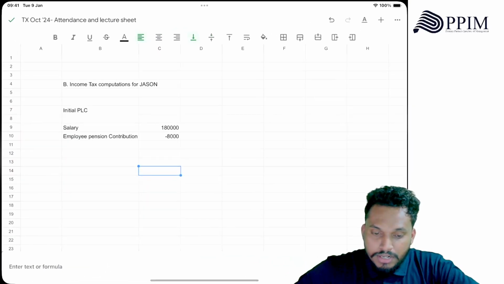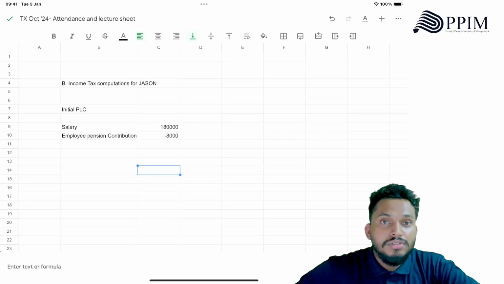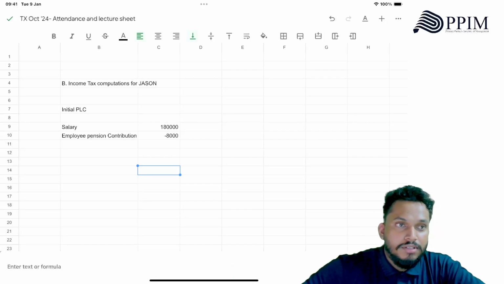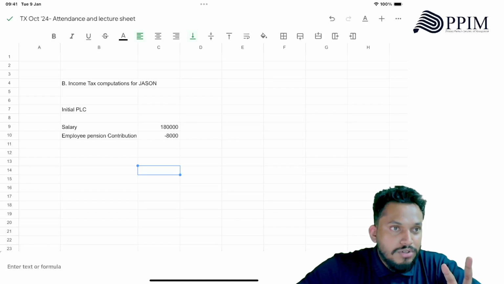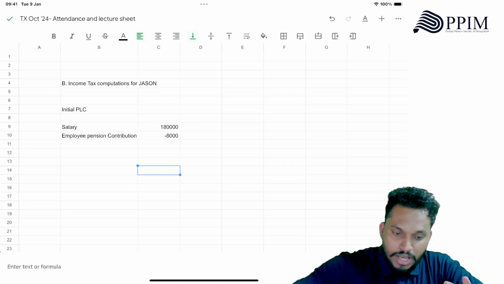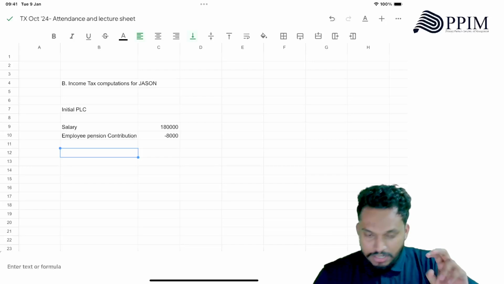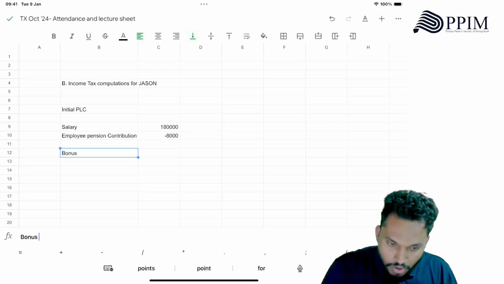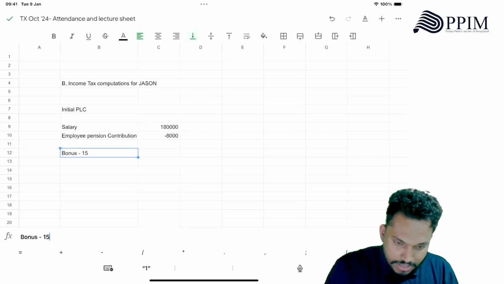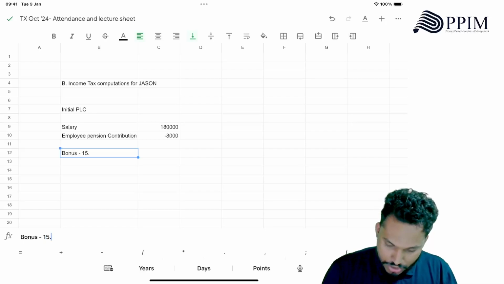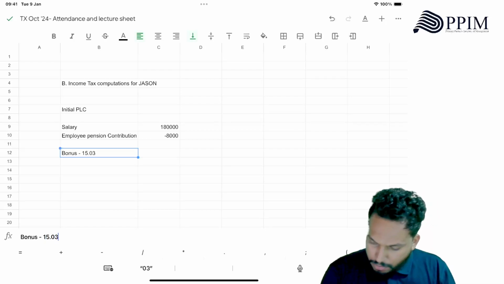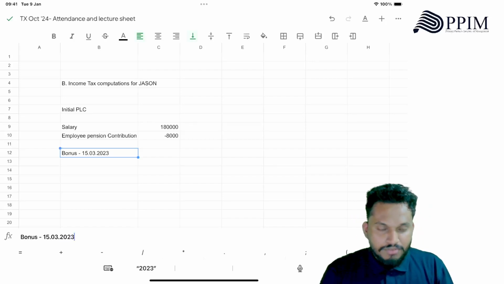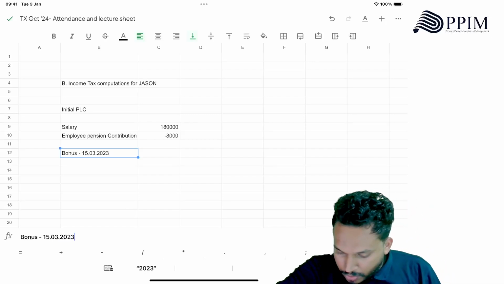Your entitlement date is on 15th of March, no? It is 4th of April, no? 6th, 5th of April. See, that period you need to decide. So here I would say it is additional income, which means the bonus that you need to determine on, I'll write the date, 15th March 2023. 15th March 2023.